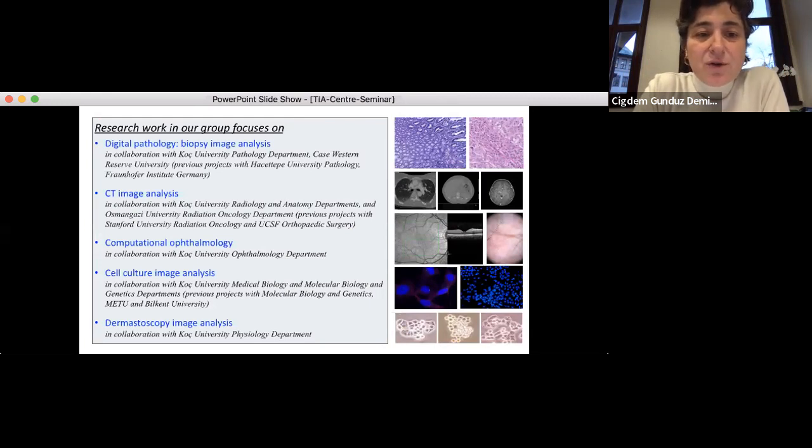Additionally, we have strong collaborations with the biologists on nucleus detection and segmentation problems in in vitro images. These are actually very correlated with nucleus segmentation and detection on pathology slides, so that's why I will explain just one example at the end of my presentation.